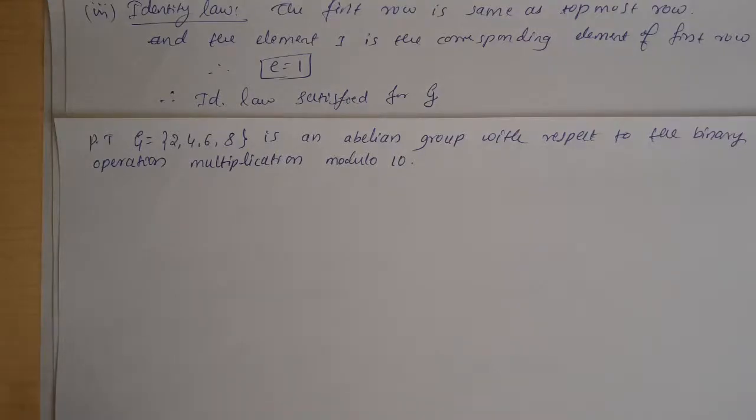Here we need to multiply the two elements. If their product is less than 10, then consider that product directly. If the product is greater than 10, then we should divide the product by 10, then consider the remainder in the table.